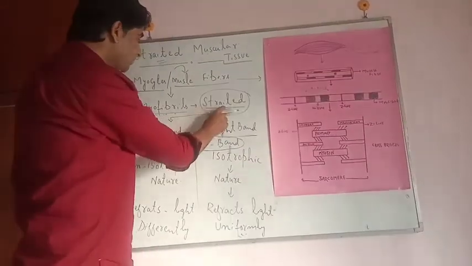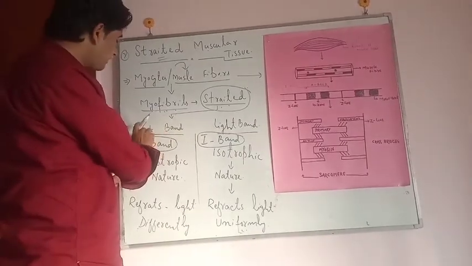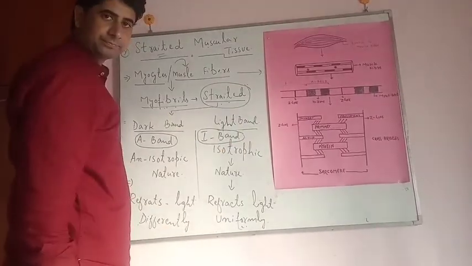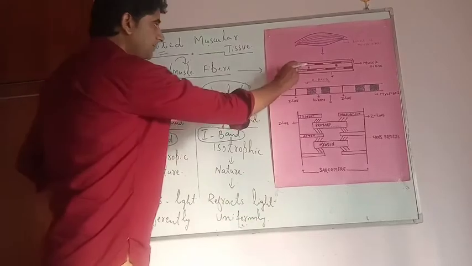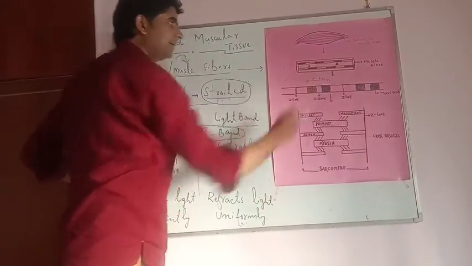और अब ये जो striated myofibrils है, they possess the striations या they possess the dark and clear bands or light bands. This one is a dark band, light band, dark band, light band, dark band, light band, accordingly in this muscle fiber.